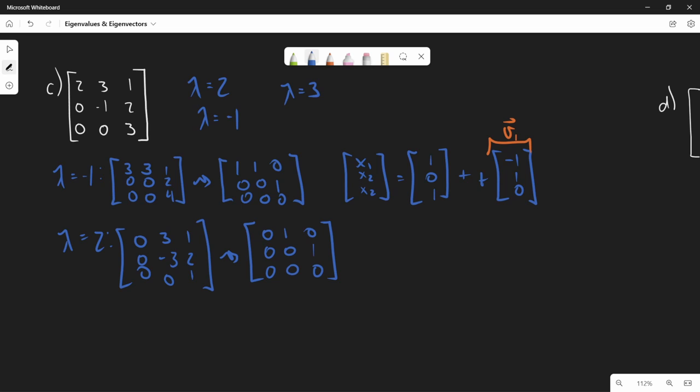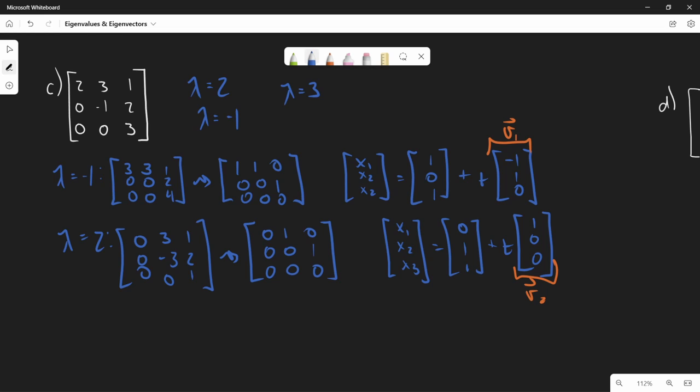We can see that our solution for this will just be 0, 1, 1 plus t times 1, 0, 0. And yeah, this will be our second eigenvector.